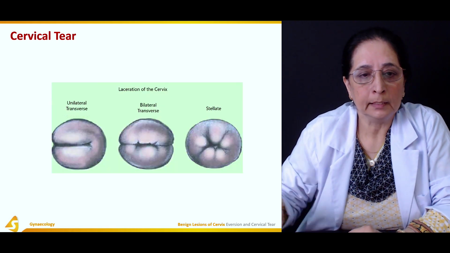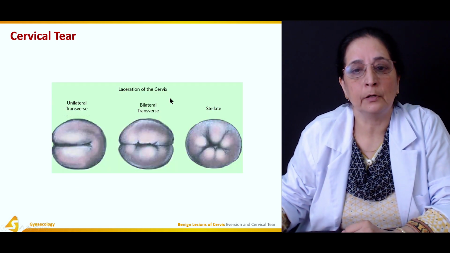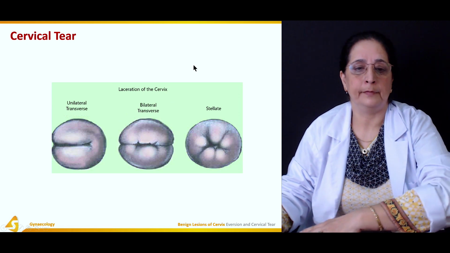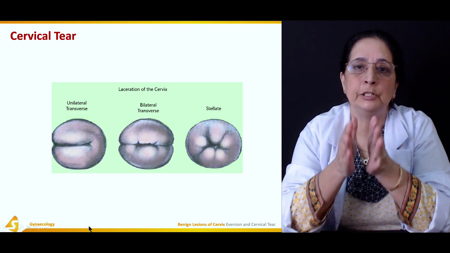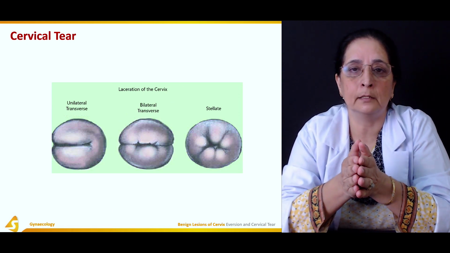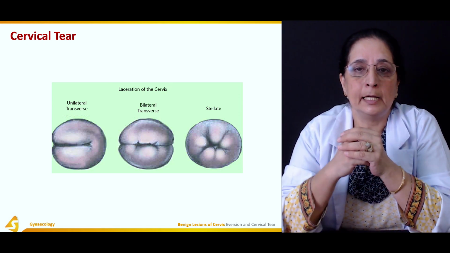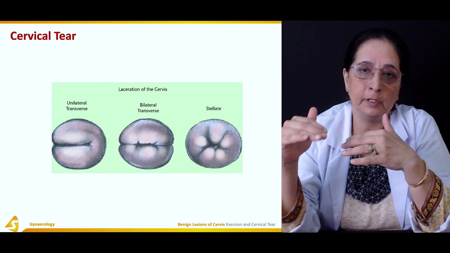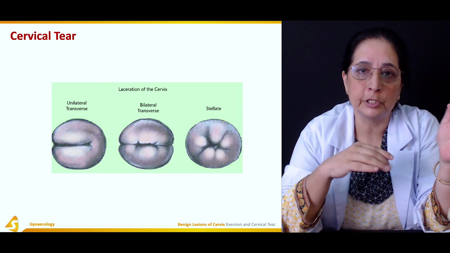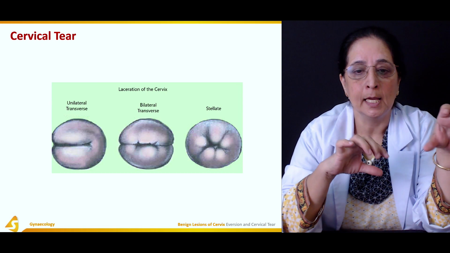These are the different types of laceration or tear of the cervix. The most common site of cervical tear is on the lateral side, usually at the 3 o'clock or 9 o'clock position. So laterally, 3 and 9.